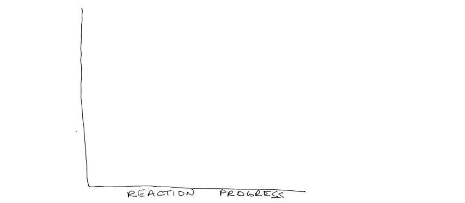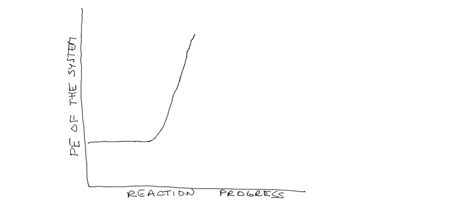The Y is the potential energy of the system. Endothermic reactions absorb energy. So the reactants don't have a lot of energy to start with. They absorb a lot of activation energy to reach the activated complex. And then a little bit of energy is given off as it forms the product.